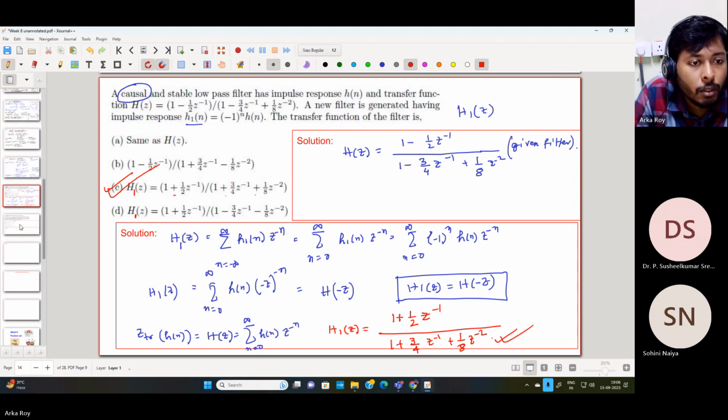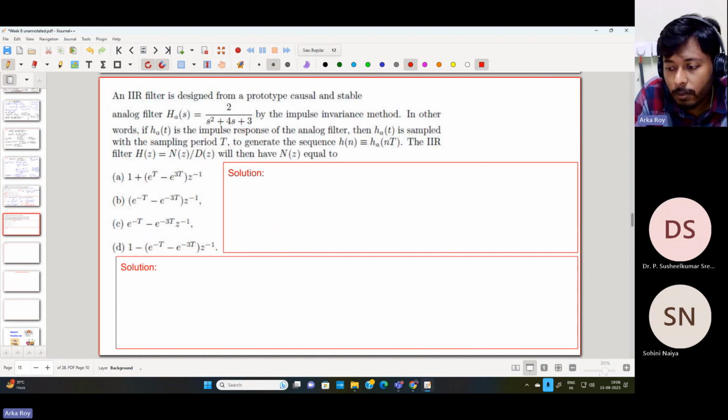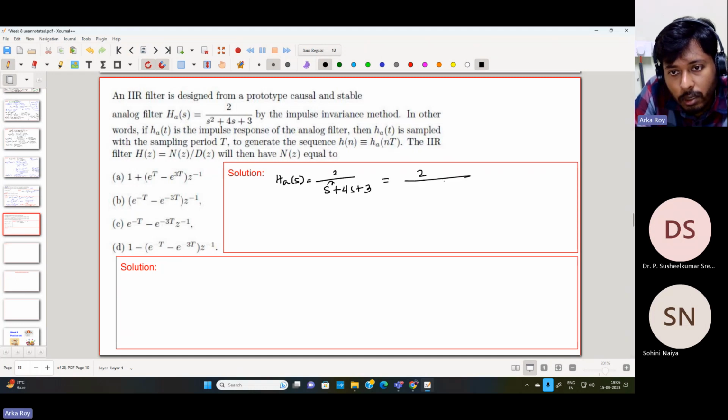Okay, so this is the last question for this week 7. They have given the Laplace transform as H of s equals 2 divided by s square plus 4s plus 3. I can reduce it to s plus 3 and s plus 1.